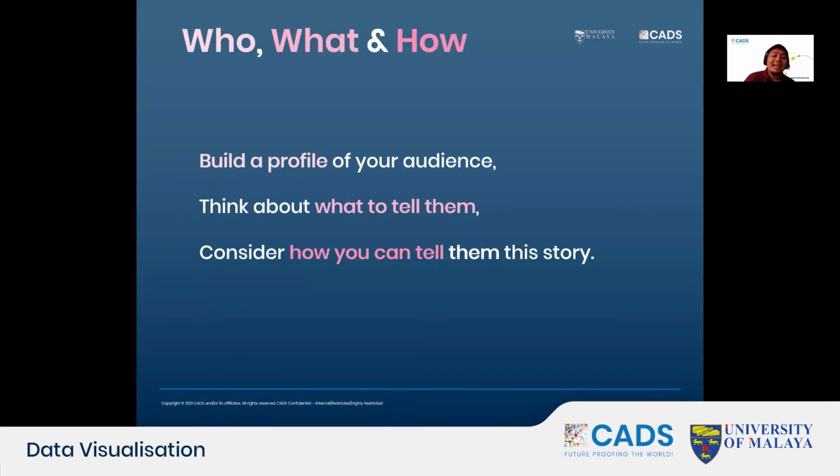All right, and then the third one, consider how you can tell them this story. Okay, some people don't actually like too much color. Some people like very, very much color, right? But despite that, you still need to make sure that they get the right information.